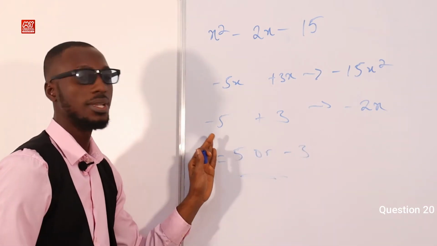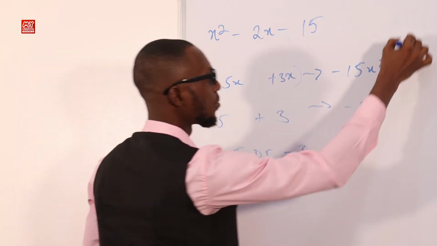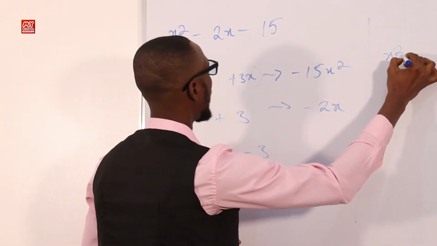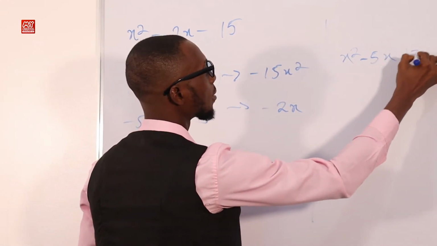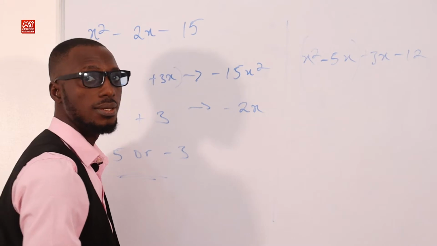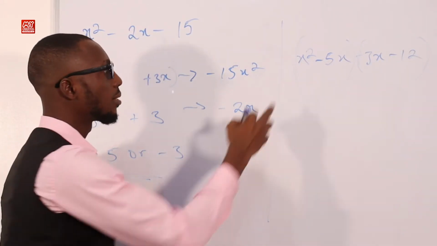This is because if I slot this into the equation, that will be x squared minus 5x plus 3x minus 15. When I have this, it is well split already. So what is common here?